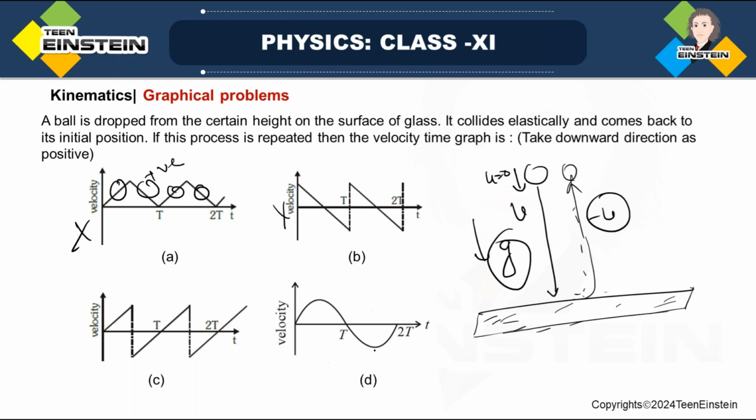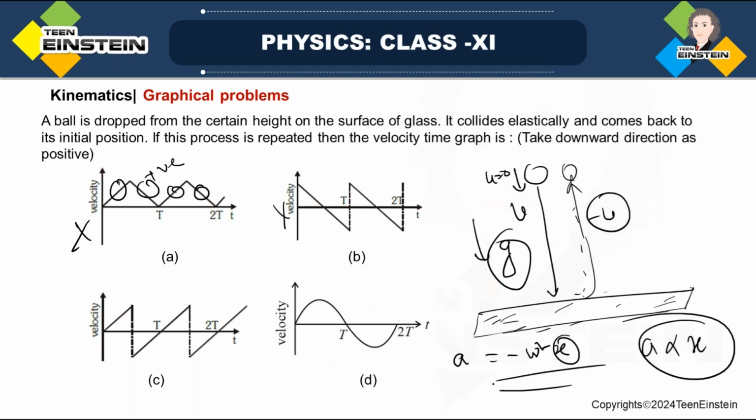So in this case the acceleration is constant, but in the other case acceleration is proportional to d2x by dt square. In case of SHM, the acceleration A is equal to minus omega square x. So acceleration varies as distance. But in this case the acceleration is constant, it is not varying with distance.